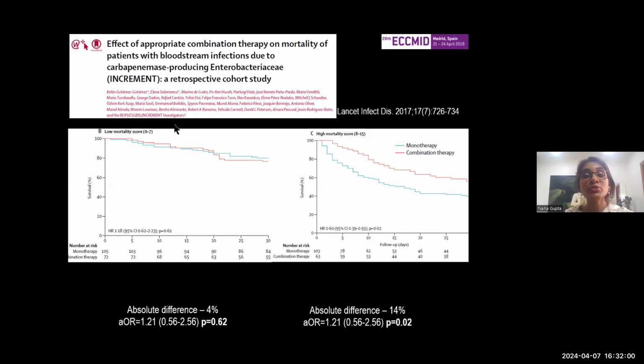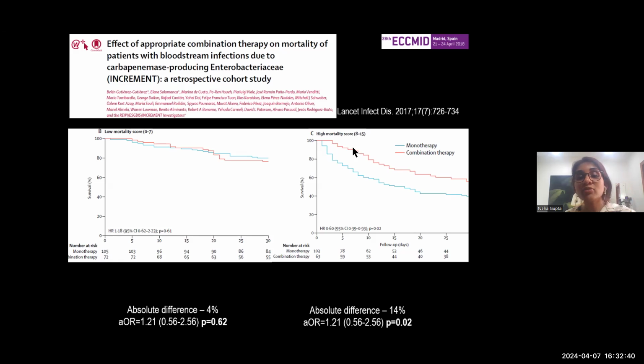So another important question is, should we use carbapenems as monotherapy or should we use them as combination therapy? So if carbapenems are being used for the ESBLs or for the AmpC beta-lactamases, they can be used as monotherapy. There is no need for combination therapy. However, if the carbapenems are being used for carbapenem-resistant Enterobacteriaceae, in patients who have a low mortality score, then monotherapy is fine, but probably a combination therapy is better if there is a high mortality score.